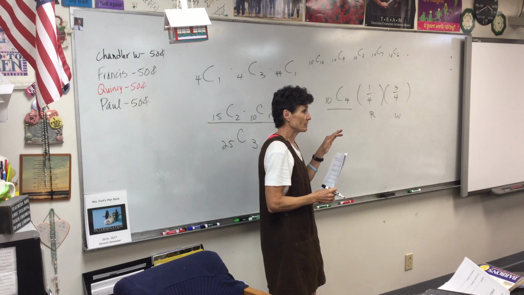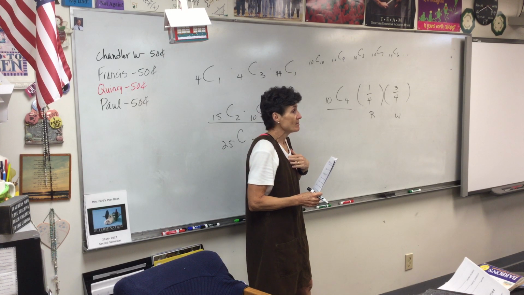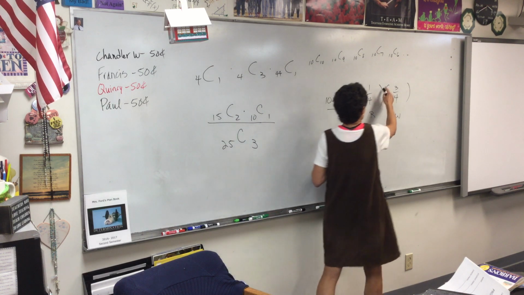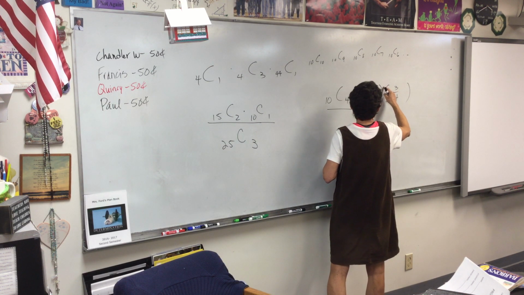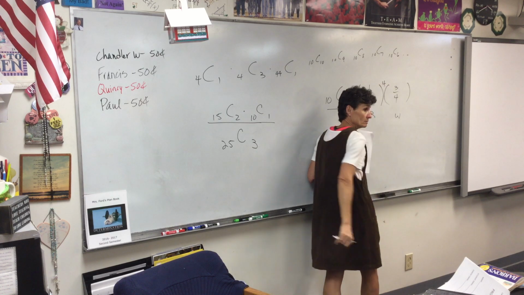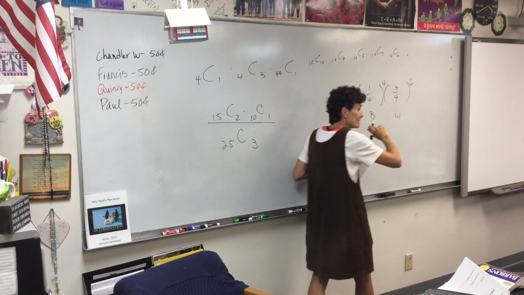Now there's one more piece to it though. You don't stop here. What's missing? The exponents. And the exponents will be what? How many you want to get right, which is 4. And how many that means you're obviously going to get wrong, that is 6.